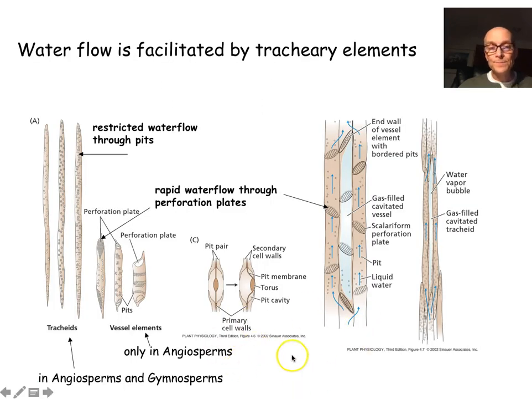Okay, and last slide here. So I want to show you a cell that has cavitated, where there's an air bubble in there. Here we have perforation plates, and now here we have multiple strands of xylem, right? So the water can still move here, moves through here, and sort of bypasses the obstruction. So here's a pair of cells where you have a gas-filled intermediate tracheate.